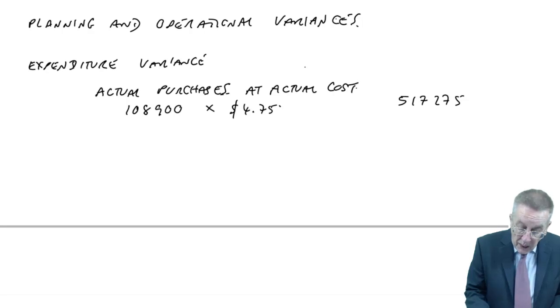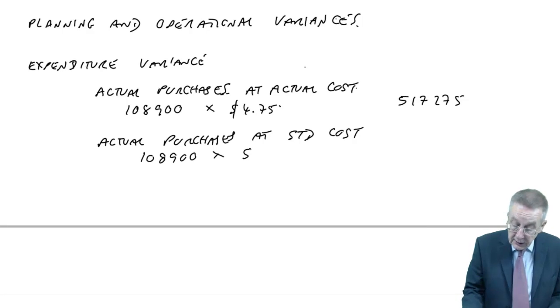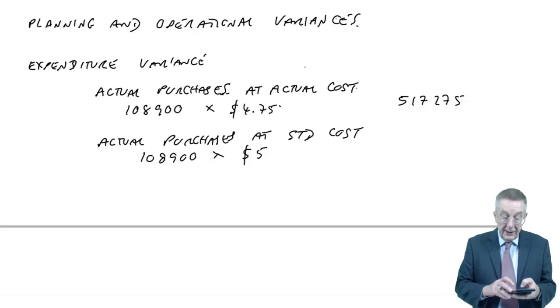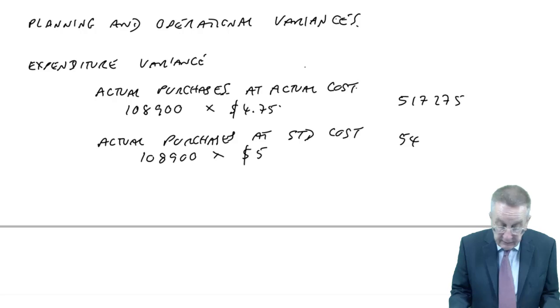And we compare with actual purchases at standard cost. We actually bought 108,900. The standard cost was $5 a kilo. A total of 108,900 times 5, 544,500.